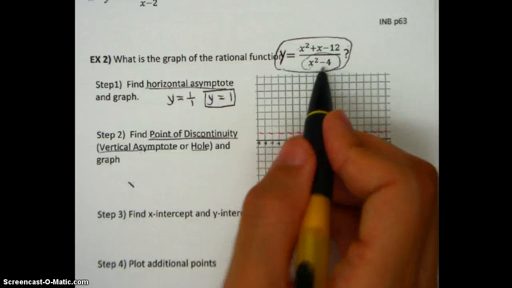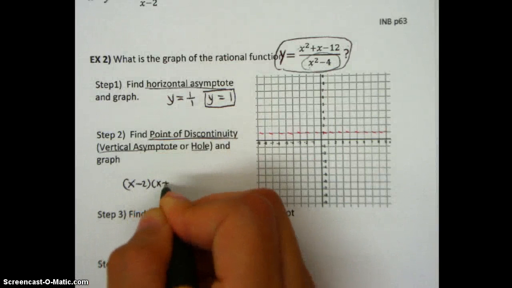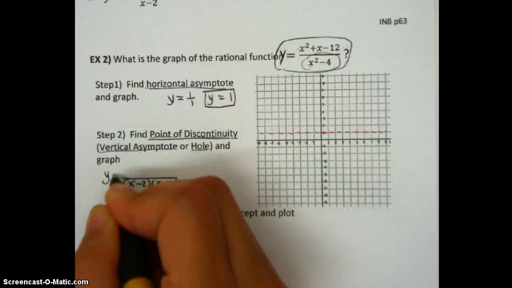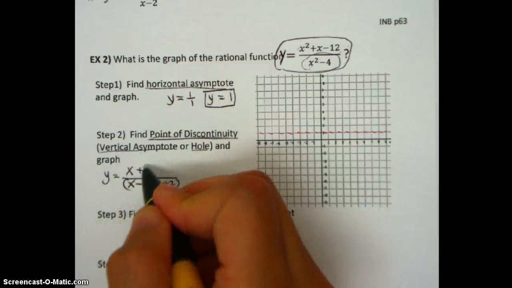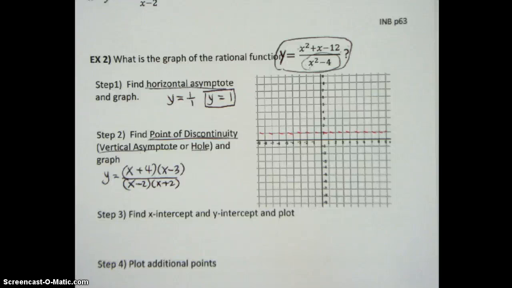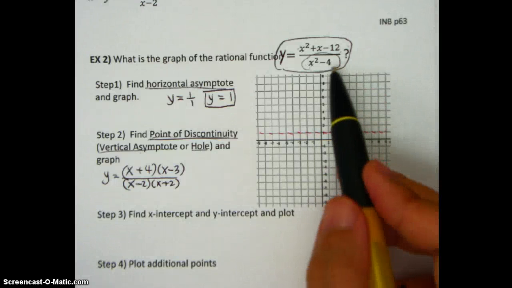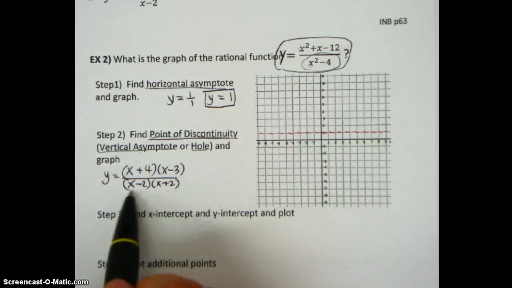So x squared minus 4 is equal to x minus 2 times x plus 2. And the top can be factored to x plus 4 times x minus 3. The reason I factor is so that I can check if any factor can be cancelled out. In this case, we cannot cancel anything.